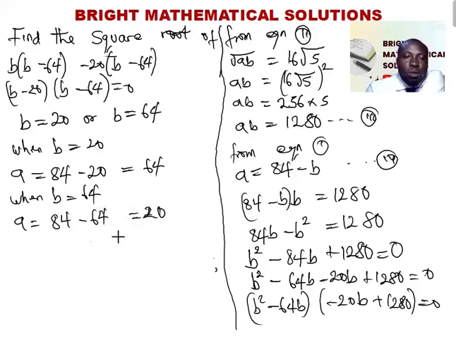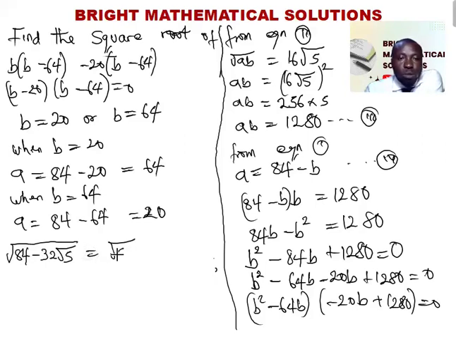Now let us go back to our initial equation. Recall that we said root of 84 plus 32 root 5 equals root A plus root B. Let us substitute the values of A and B. When A is 64, that is root 64 plus root 20.